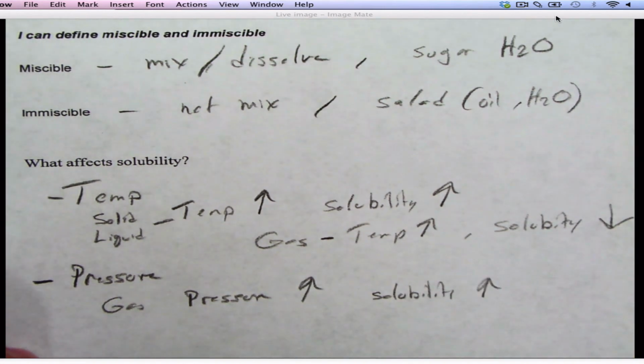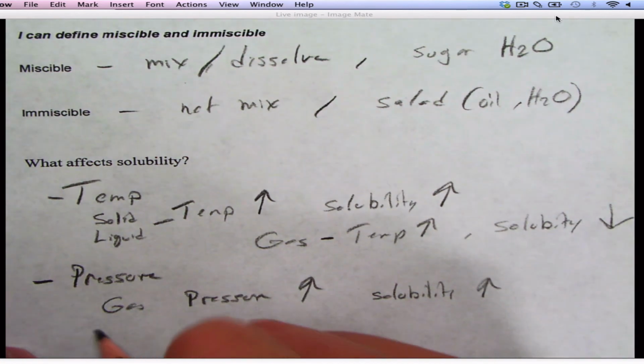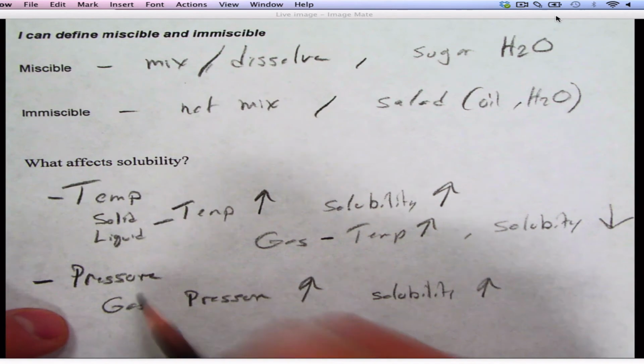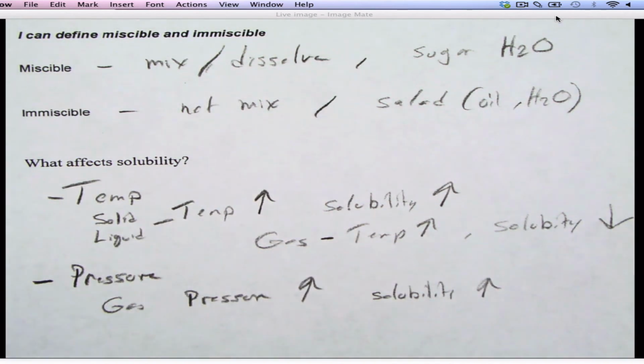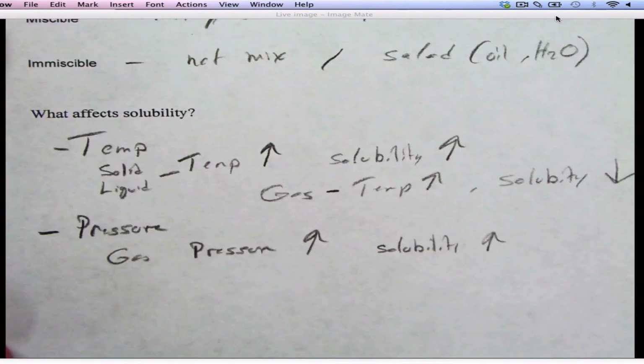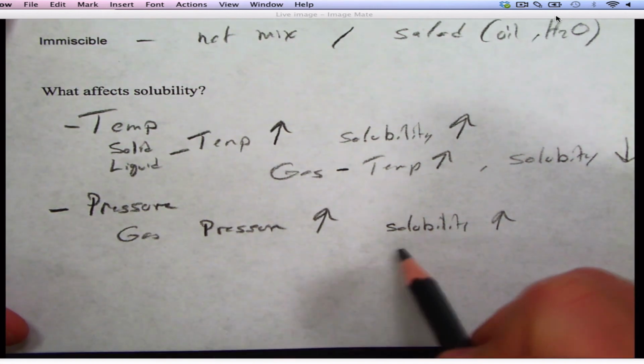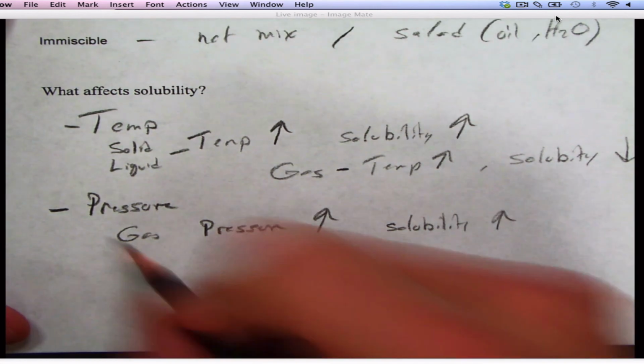So it's a direct relationship. But for solids and liquids, pressure is not a big deal. It doesn't really affect it too much.